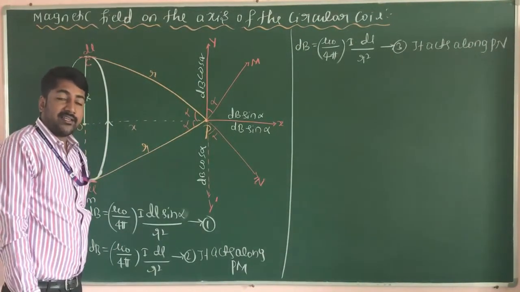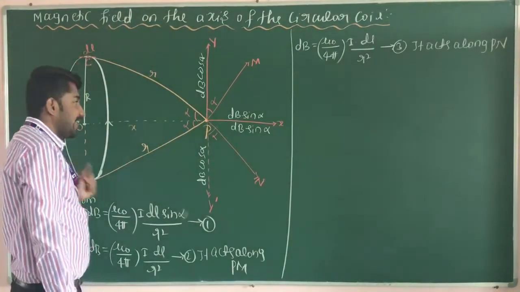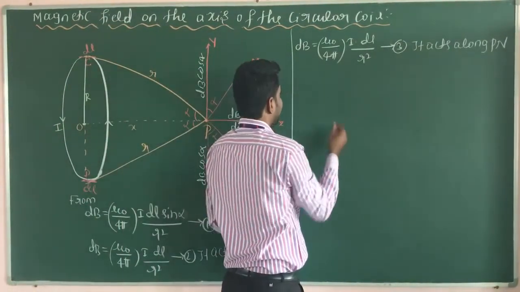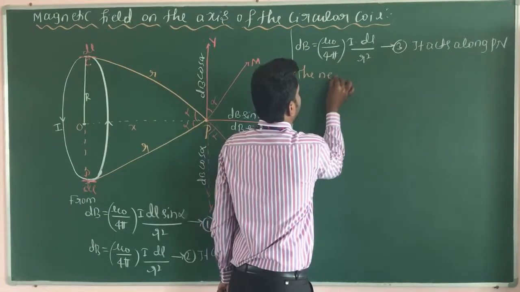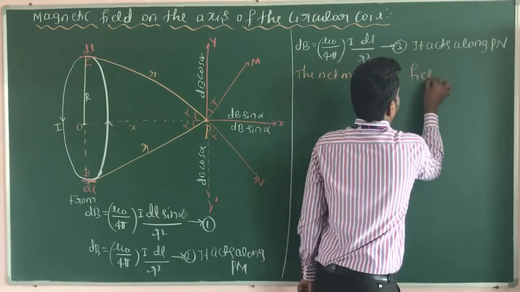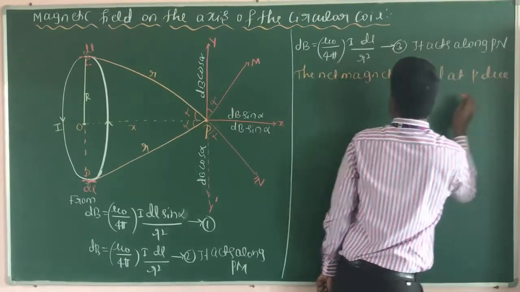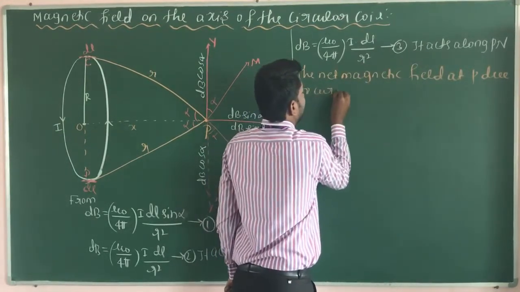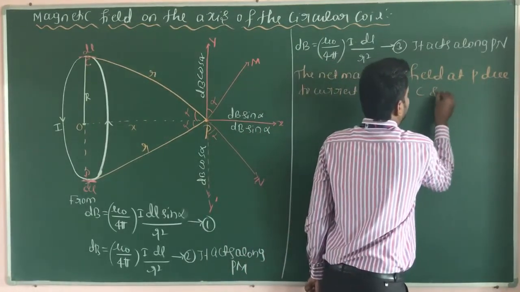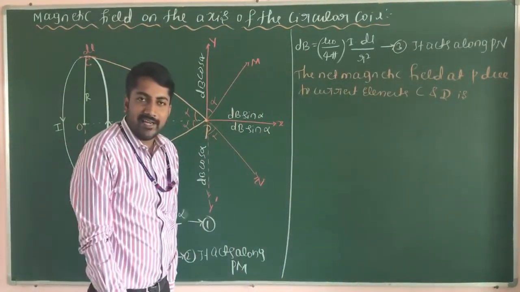Then the net magnetic field at the point P due to the current elements C and D is found as follows.